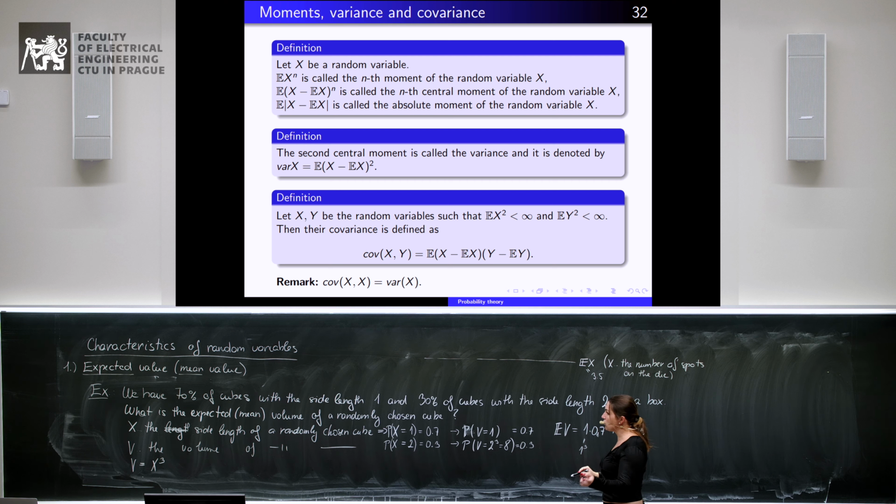And when we repeat the trials and we throw the die, then we can obtain 1, 2, 3, 4, 5, or 6.